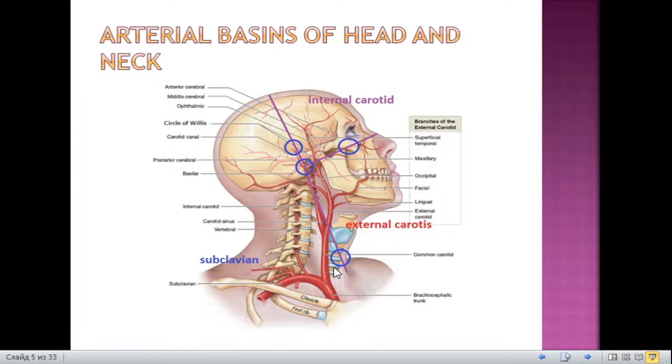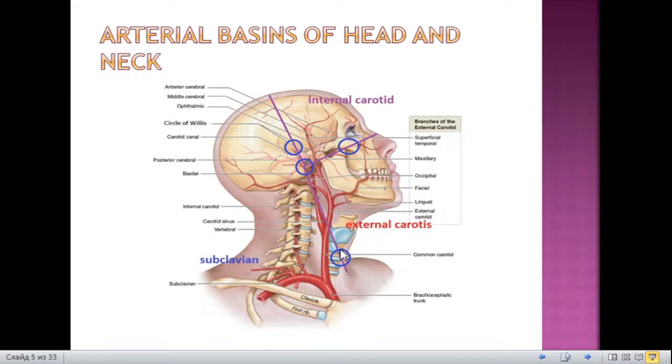And the only place where the basins of these two arteries meet each other is the level of the thyroid gland, where branches of the external and subclavian arteries anastomose with each other.